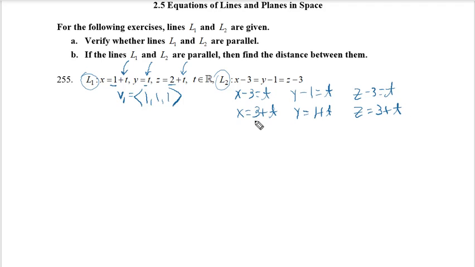So this goes through the point 3, 1, 3 and has a direction vector of 1, 1, 1. Since they both have the same direction vectors, they are parallel.